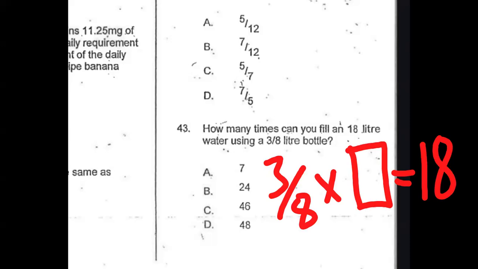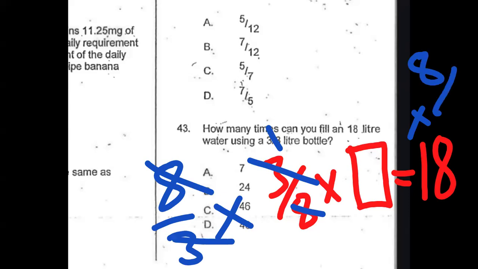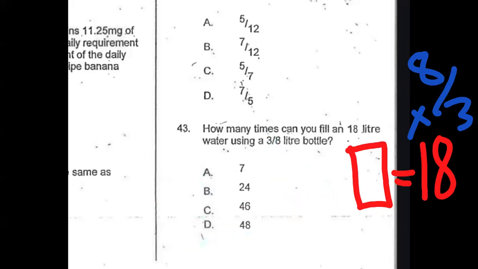All right, I think we figured it out. 3/8 times a certain number is equal to 18. But the reciprocal of 3/8 is 8/3. If you multiply this by that, this will cancel. That means you have to multiply 18 by 8/3. So let's write that.